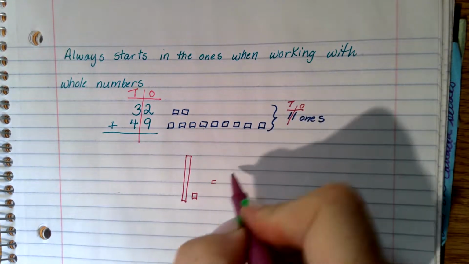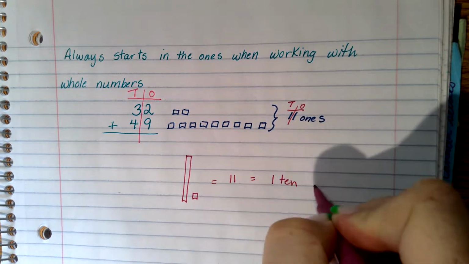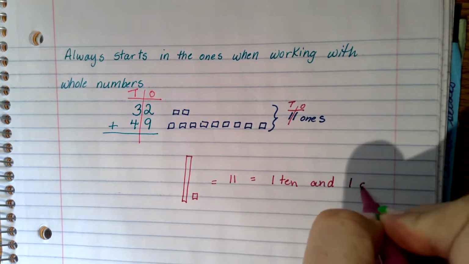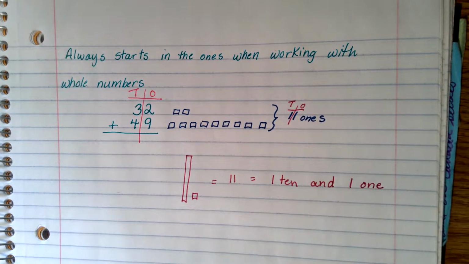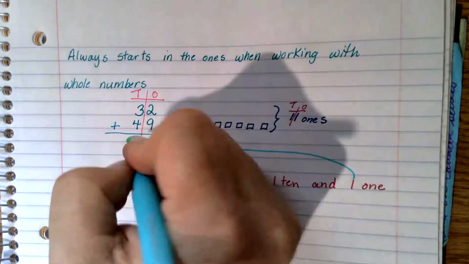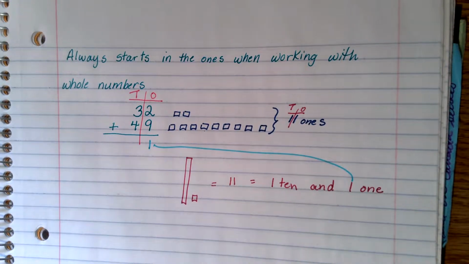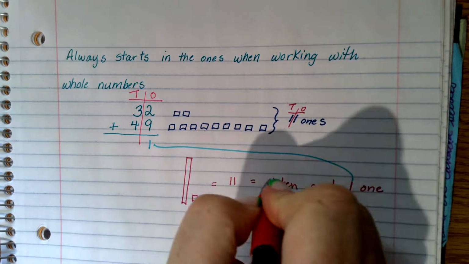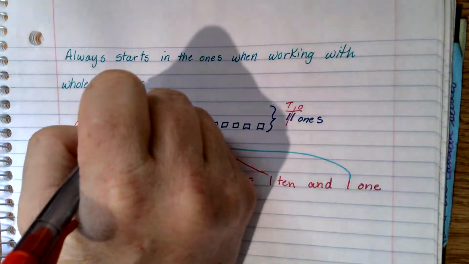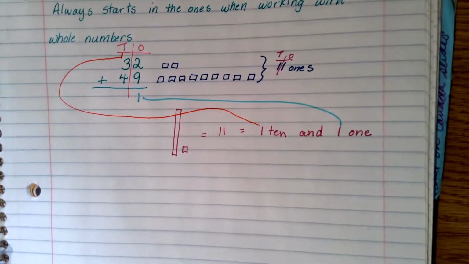That equals 11. 11 is the same thing as 1 ten and 1 one. We take our 1 one and put it into our equation, but we have to do something with the 10. Since we haven't yet added our tens, we're going to take this 10 and move it up here on top of our equation.